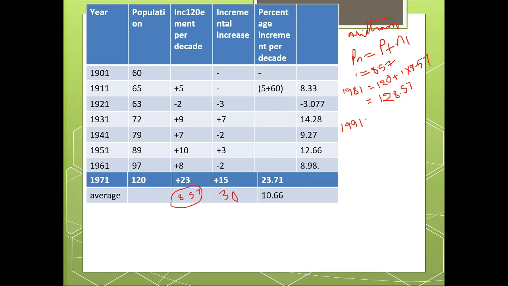So here, instead of n, you have to write down 2. 120 plus 2 into 8.57. Then you will get how much? 137.14.